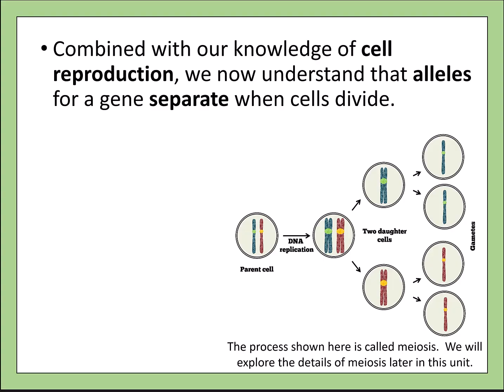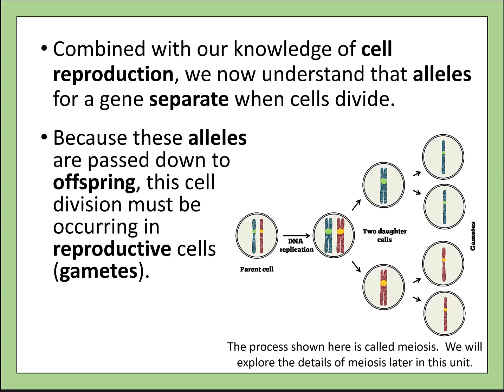So combined with our knowledge of cell reproduction, which we just learned about, we now understand that alleles for a gene separate when cells divide. And because these alleles are passed down to offspring, this cell division must be occurring in the reproductive cells of an organism, which are called gametes.